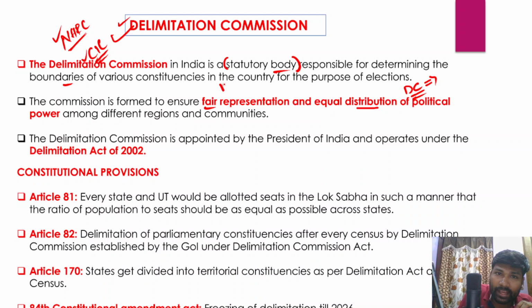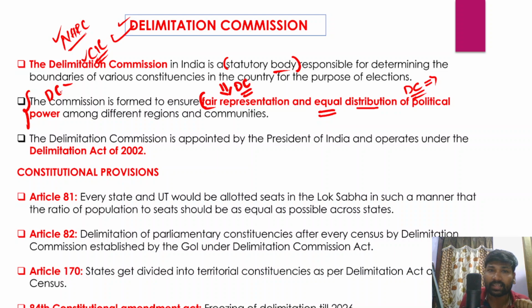So the ultimate aim and objective of constituting this Delimitation Commission is to ensure that each constituency is fairly represented with equal population, and also equal distribution of political power between all the constituencies located in the country. This is the primary objective of establishing the Delimitation Commission.